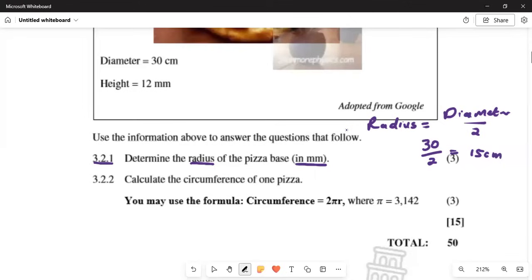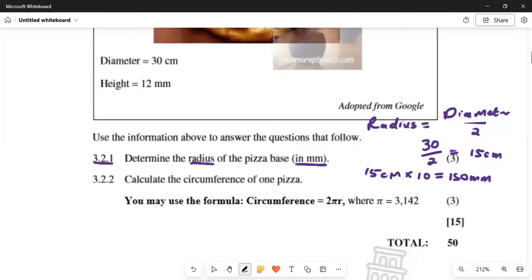So we say 15 centimeter times 10 is equal to 150 millimeter. That is 150 millimeter. So the radius is 150 millimeter. Then you get your marks.